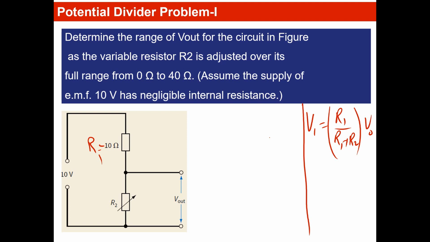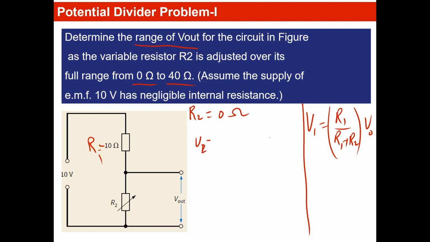Now the question is asking us for the range of V out, if the resistance of this resistor is set from 0 ohms to 40 ohms. First, let's find V out when R2 is equal to 0 ohms. This is very straightforward, but we can still use the formula.